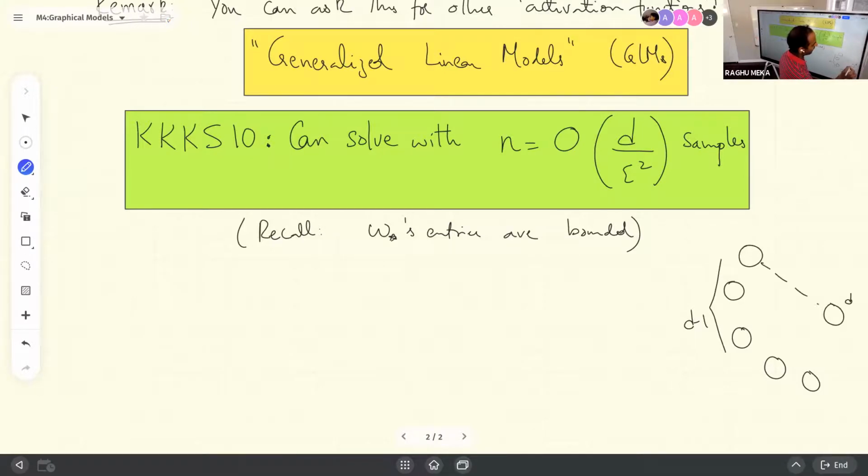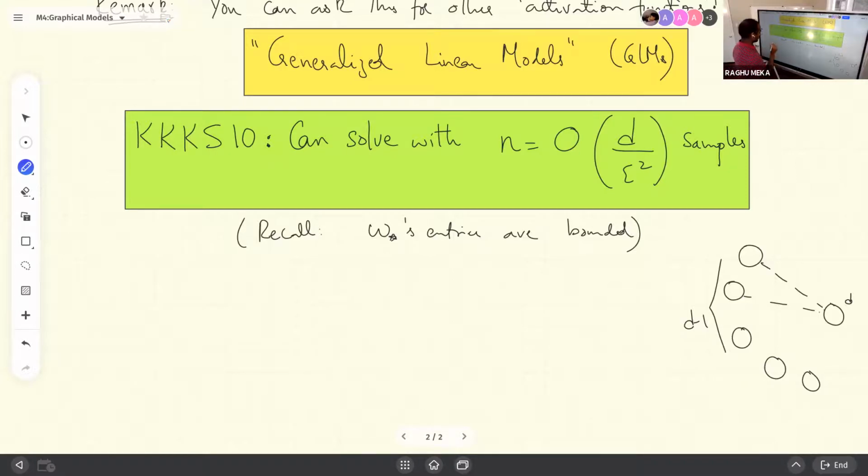And d has some edges. How many edges does it have? At most k. So how many non-zero entries can W star have? K. And we're thinking of k as a constant, small number, right? So what is really missing here is that it's not exploiting the fact that W star is sparse.